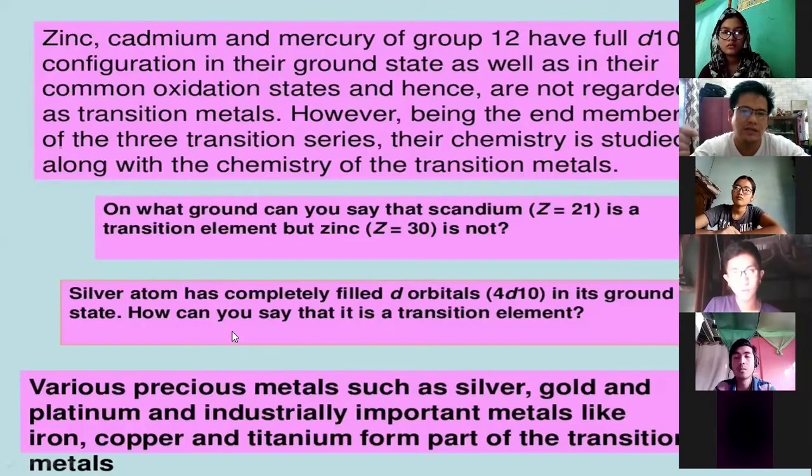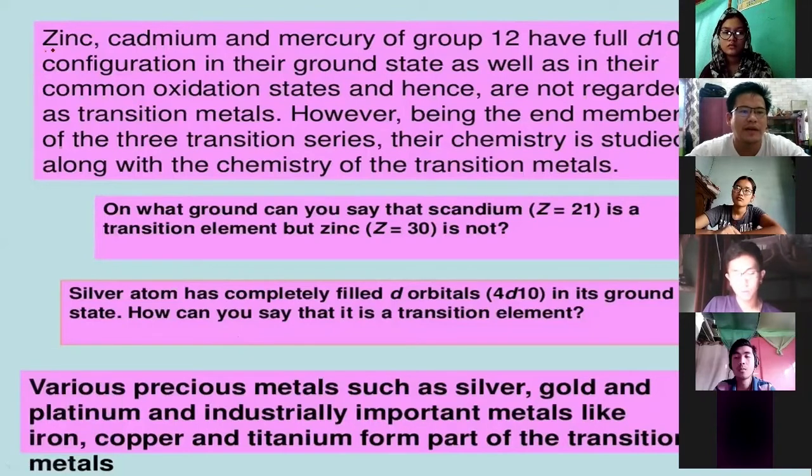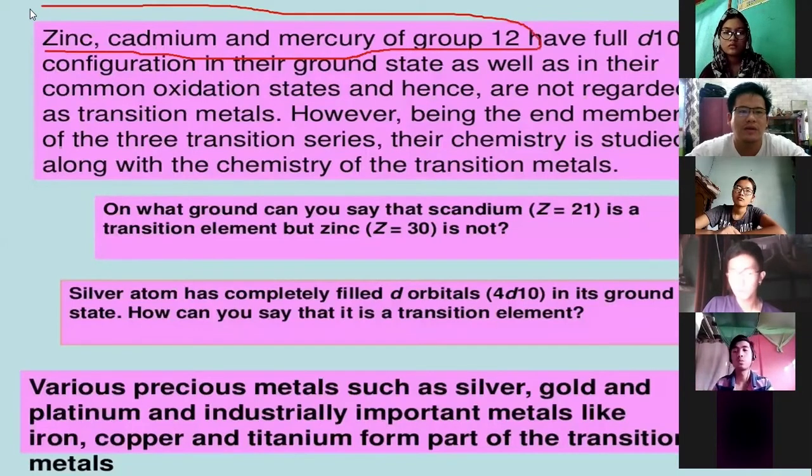Zinc, cadmium, and mercury belong to group 12 and have completely filled d10 configuration in the ground state. They are no longer regarded as transition elements.